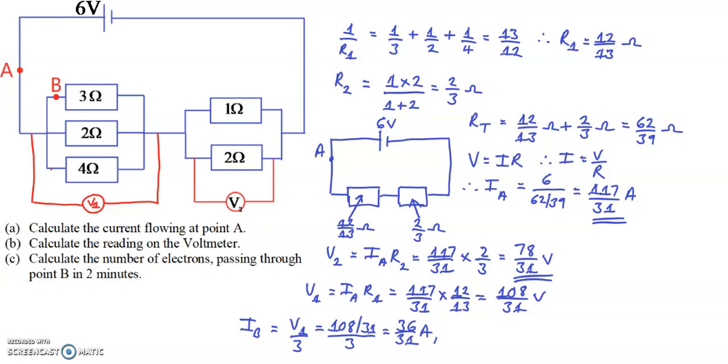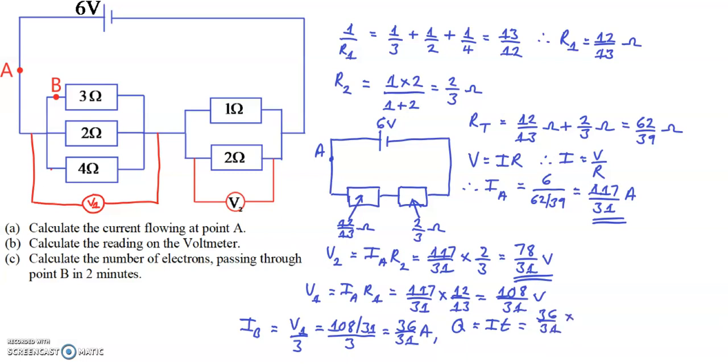Now we need to find the charge that flows through or past point B in 2 minutes. So we've got Q, this is the equation, Q equals IT, and T must be in seconds. So the charge passing point B in 2 minutes will be given by the current flowing through that 3 ohm resistor, which I've just worked out to be 36 over 31 amps, times 2 minutes in seconds.